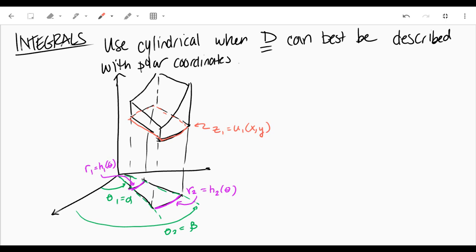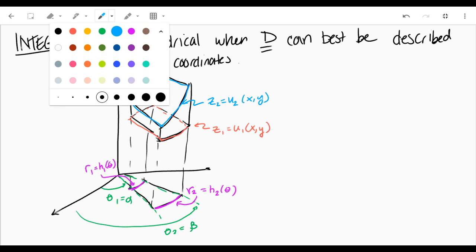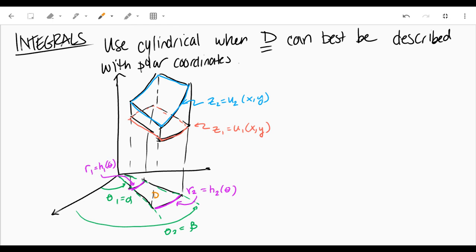And then we're going to have the top, z2, is some function of x and y. And again, we're going to call this piece D. And this entire shape here, this entire volume, E. It's just what they do in the book.